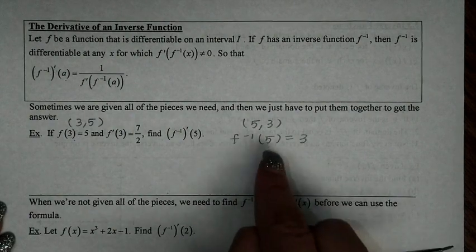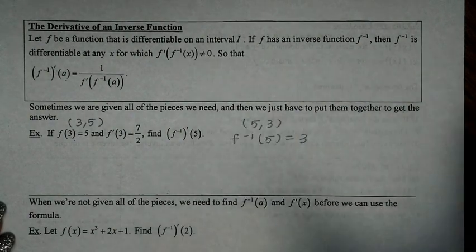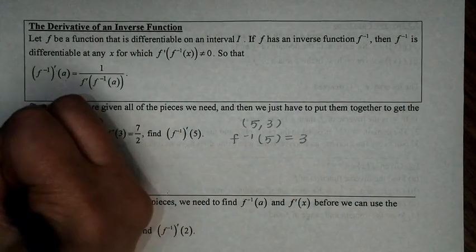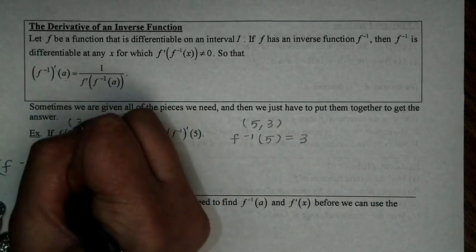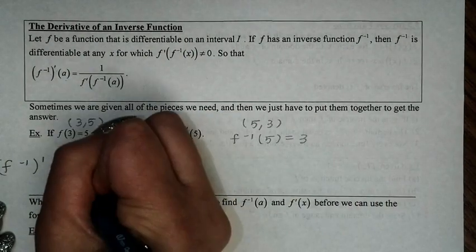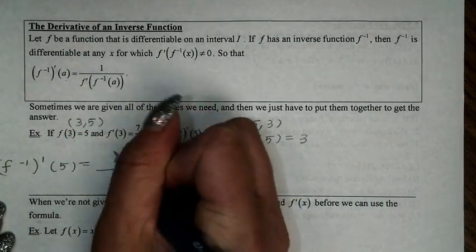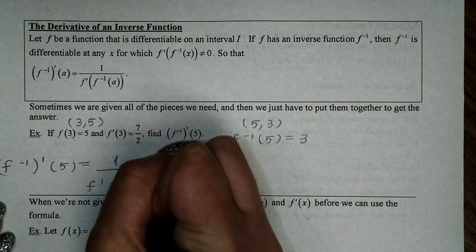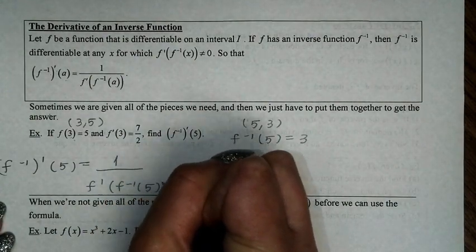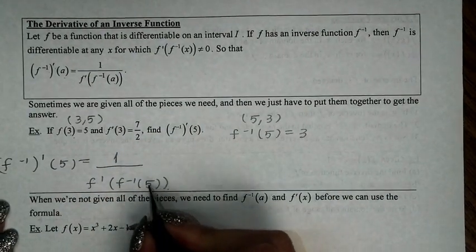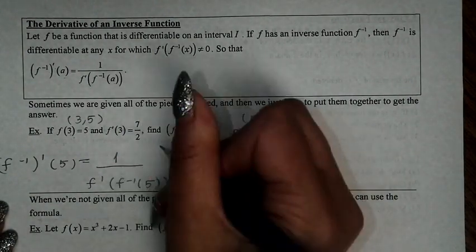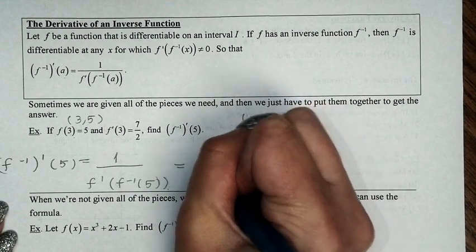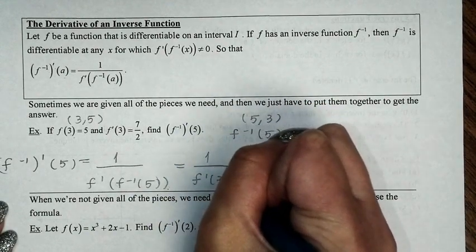With this being said, this is giving you a lot, even though maybe you haven't realized. We apply the formula: the inverse prime of, in this case, 5. Using the formula exactly as it is, we have the inverse of 5, which I know is 3. So this is going to be equal to 1 over f prime of 3.